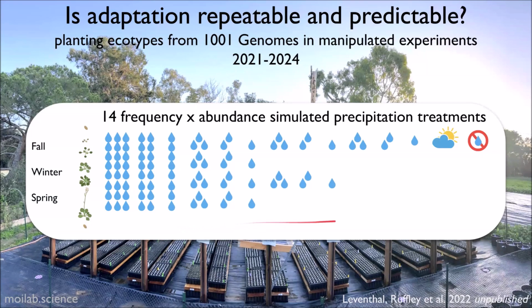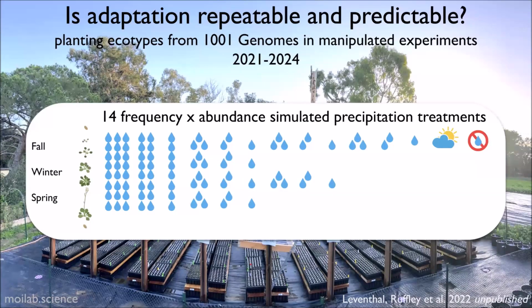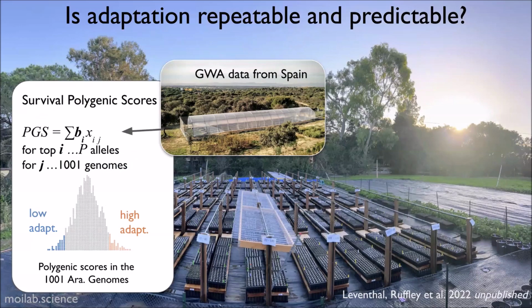So to the right, the conditions became more scarce, right? The rainfall was scarcer, but also more erratic, such as once a month only they got precipitation. And sometimes we also had rainout shelters. So this reduces by 50% the precipitation natural to California. Okay, so with this in hand, how could we test whether we had learned anything from previous GWAS?